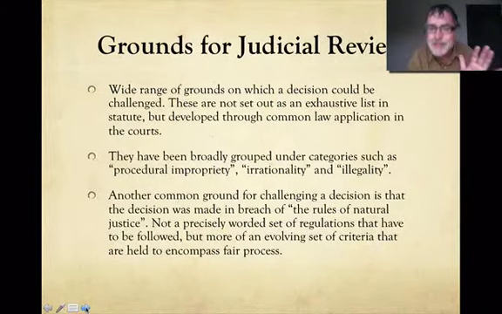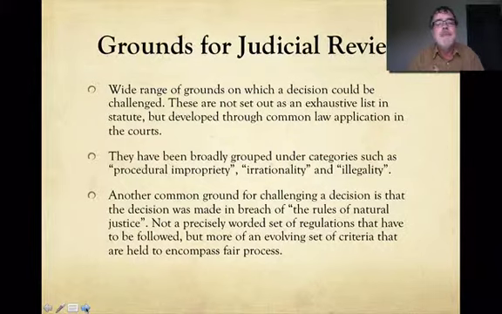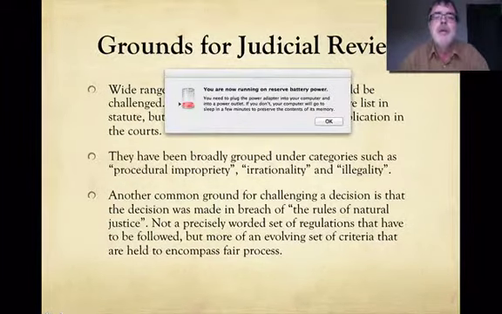It's not a precise set of rules that have to be followed, but an evolving set of criteria that courts have come to consider as encompassing fair process. There's a whole range of these, and we'll go into these in more detail. But I just wanted to give you that bit of an introduction to get a start on this, and we'll go into a bit more detail on these particular grounds for judicial review in a moment.